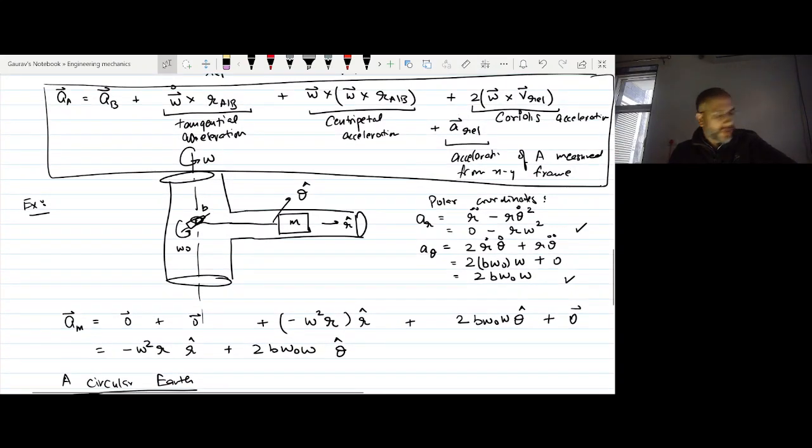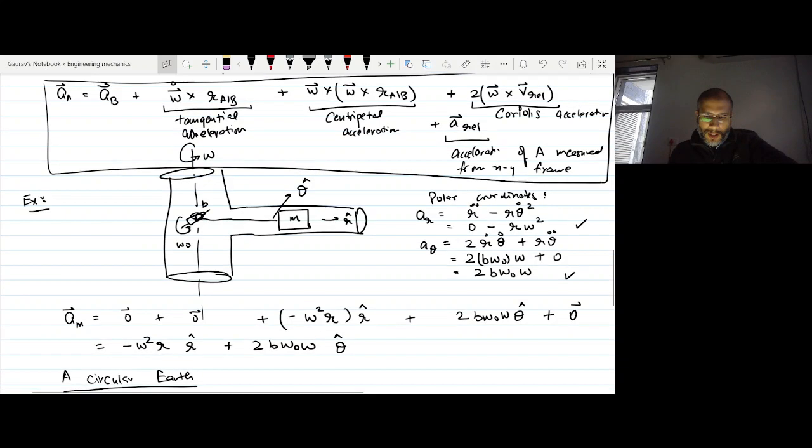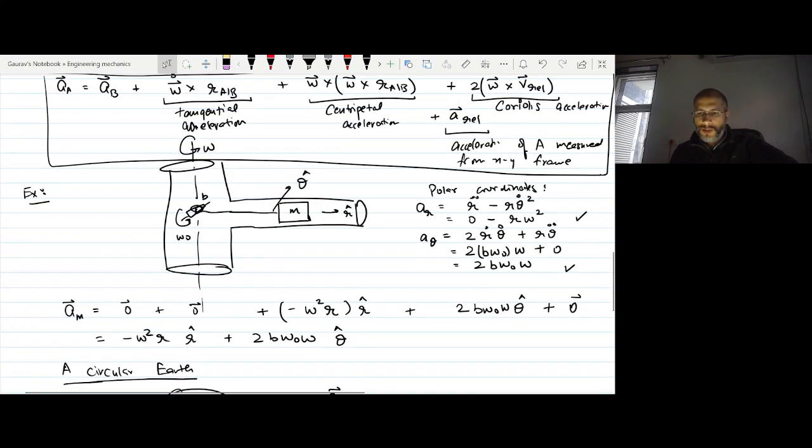So A_B, the first term is 0, and then omega dot cross R_AB, that's a tangential acceleration term, that will be there. The centripetal acceleration term will be there, but then the Coriolis acceleration will be 0 because there is no V rel, point A is fixed, and so is A rel 0 because the point A is fixed.